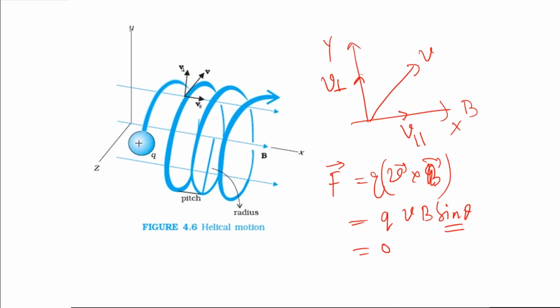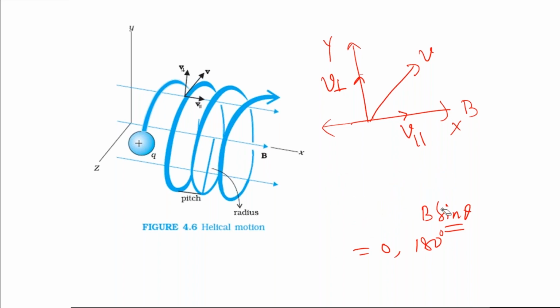That means for the velocity component which is parallel, or even anti-parallel, either 0 or 180 degrees will give you 0 force. That means the velocity component parallel to the magnetic field will not be affected by this magnetic field.